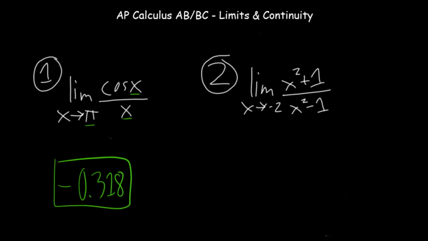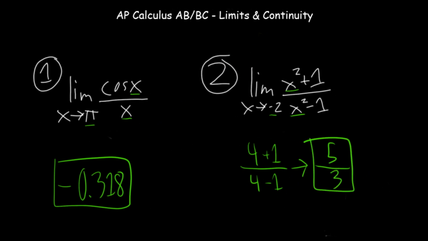That's your answer for the first one. For the second one, you just plug in -2 into these ones. -2 squared is 4. 4 plus 1. 4 minus 1. Then you have 5 over 3. That would be your answer, 5/3.